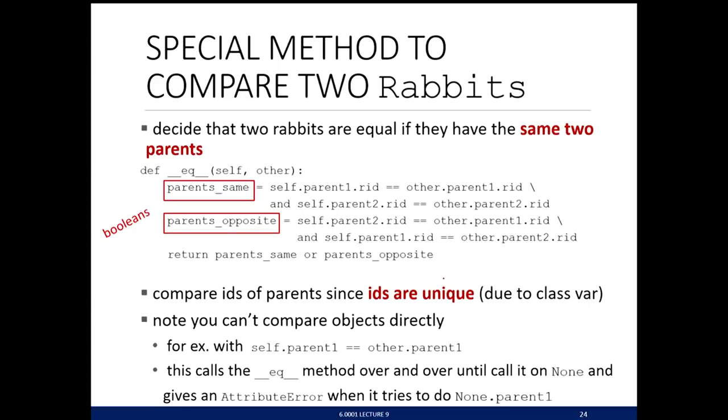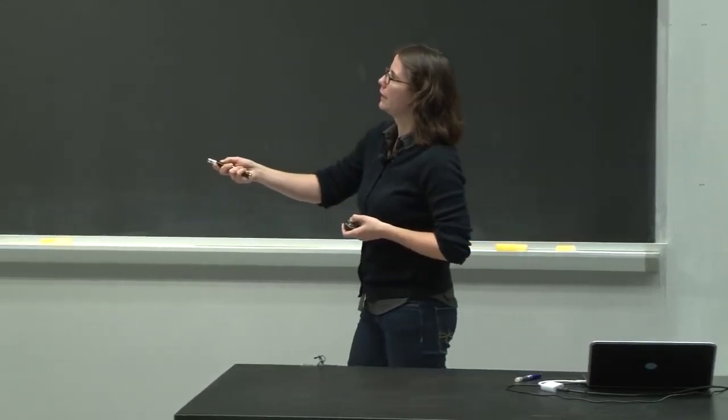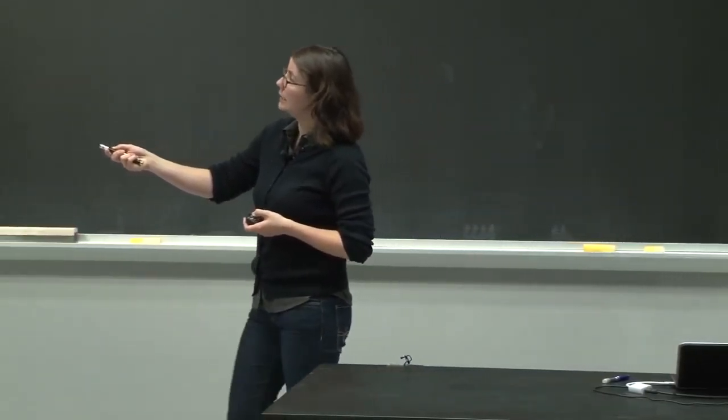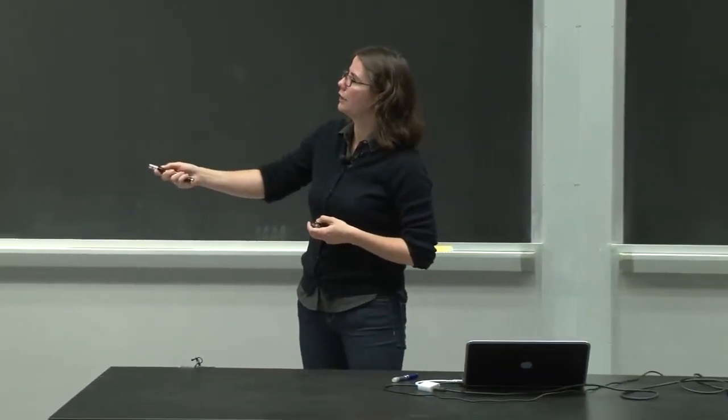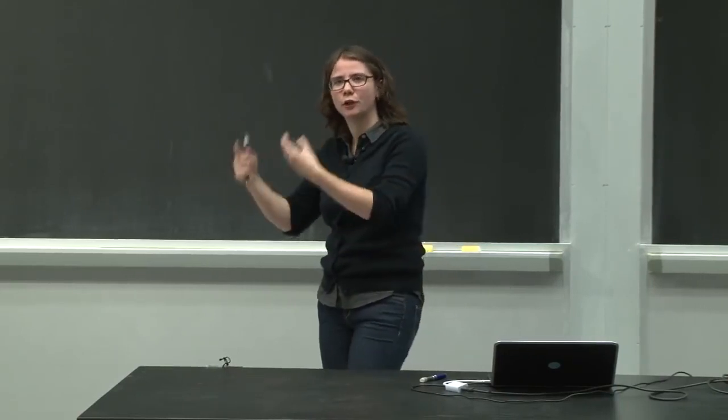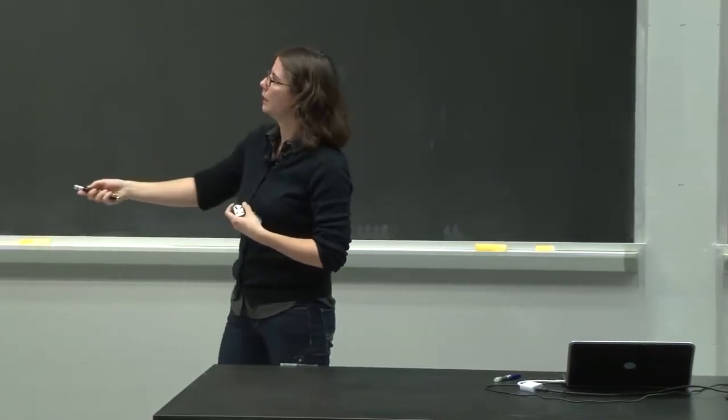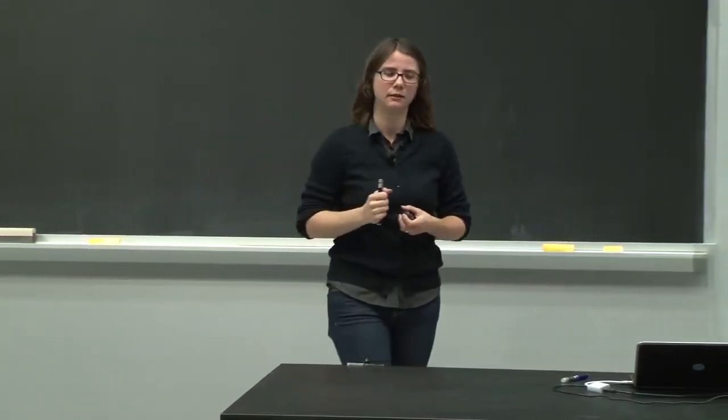Here notice that I'm comparing the IDs of the rabbits as opposed to the rabbit objects directly. If instead of comparing the IDs I was comparing the parents themselves directly, this method __eq__ would get called over and over again, because here we have parents that are rabbits.